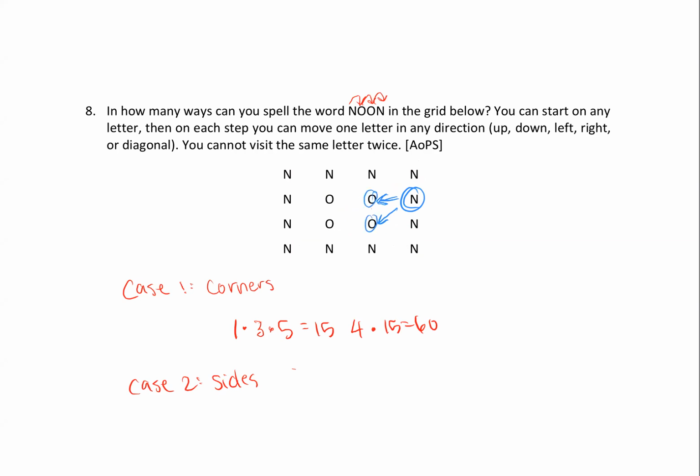So there's 2 O's that you can end up on. And then when we have an O, we need to go to another O, right? Which is the same as in this case. So there's 3 O's we can go to. And then lastly, when we have an O, we need to go to an N, so it's 5 cases by what we did in the previous case. And then 2 times 3 times 5 is 30.